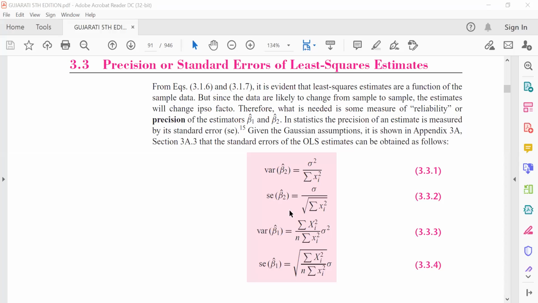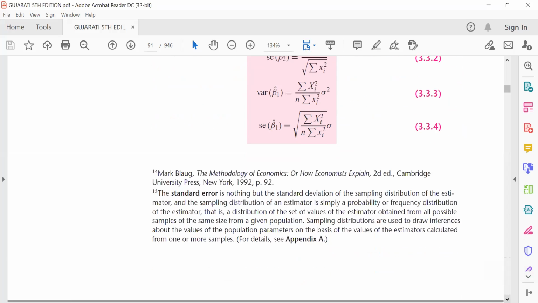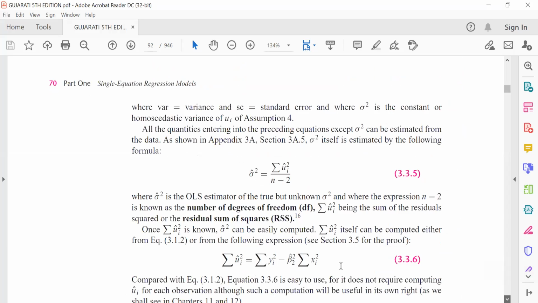The square root of the variance of beta 2 gives us the standard error of beta 2. The square root of the variance of beta 1 is the standard error of beta 1.